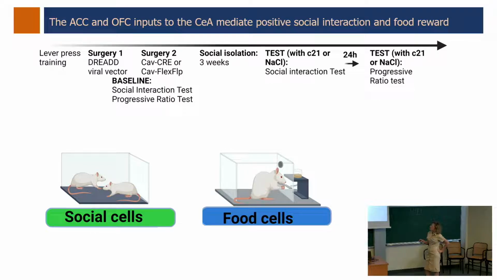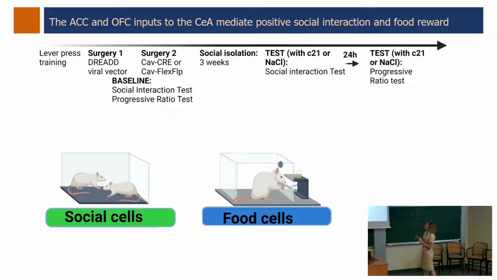First, the animals were trained to press the lever, and at the moment when the real experiment started, they were well trained, so they really knew what to do to get food. Then we injected the genetic construct that allows for chemogenetic manipulation of the projections, from the ones that I mentioned, for example, from the anterior cingulate cortex or orbitofrontal cortex to the central amygdala.